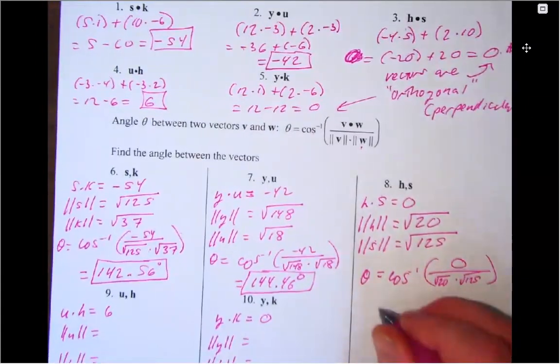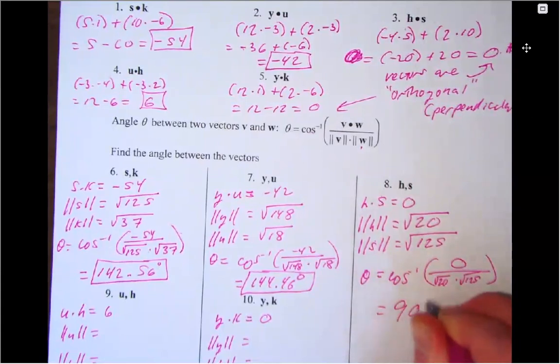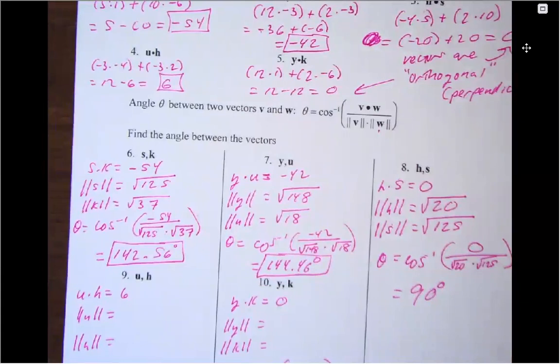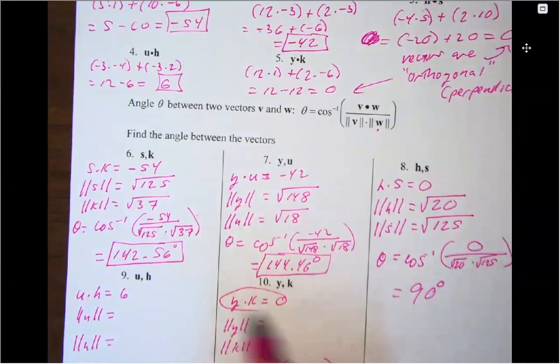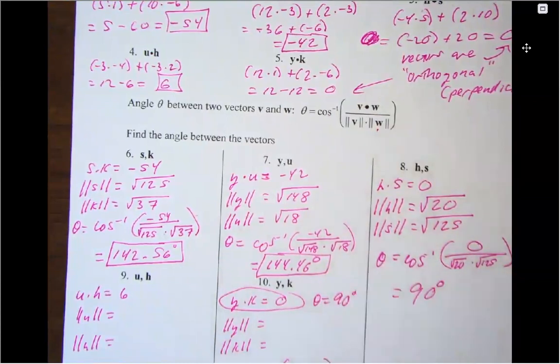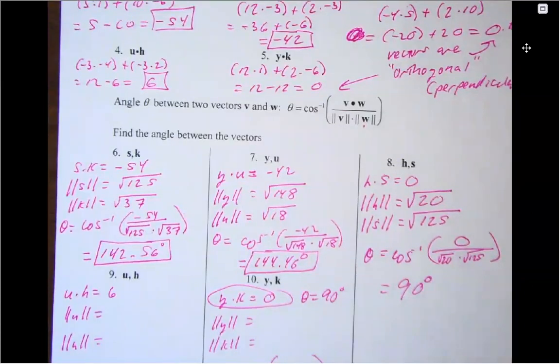So the inverse cosine of 0 is 90 degrees, perpendicular from your geometry days. So whenever you see the dot product is 0, the angle between those two things is automatically 90 degrees. You don't have to do any work because that's what orthogonal means.